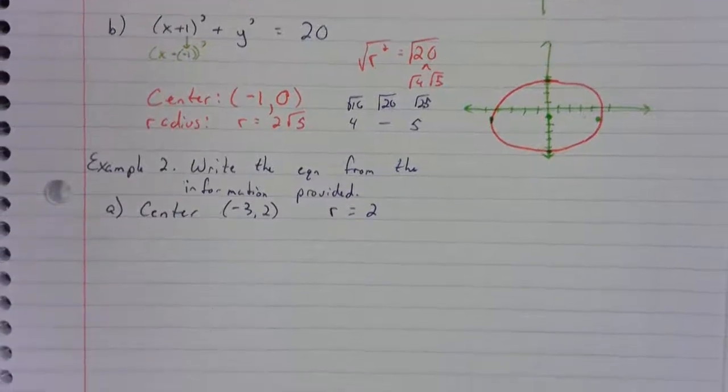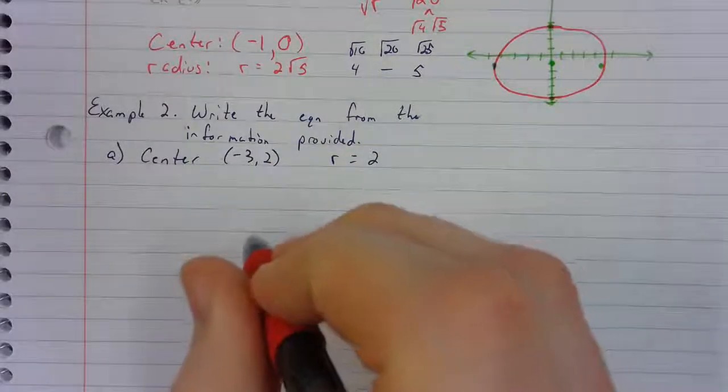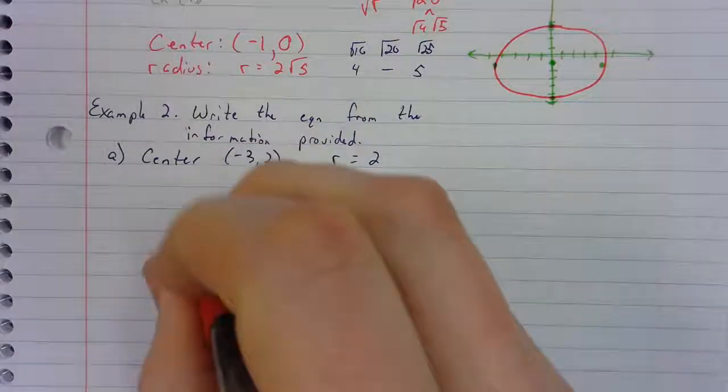So our answer for this is going to be an equation, right? Now the first part of that equation is always x minus h. If this is -3, what am I going to write for x minus h?